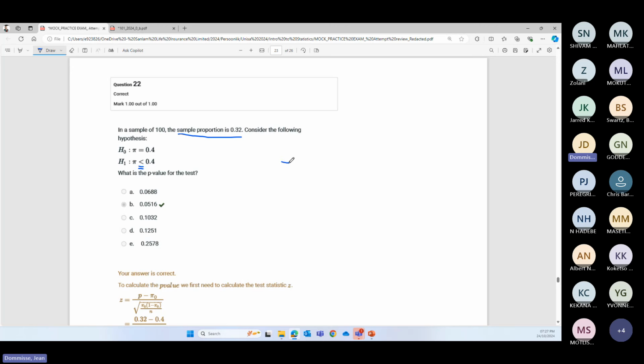Then to get the Z, we do exactly like we did up in the previous questions with this formula. Okay, so the last few questions, a lot of proportions coming through in this mock exam. So this would be just that formula that we would normally use.